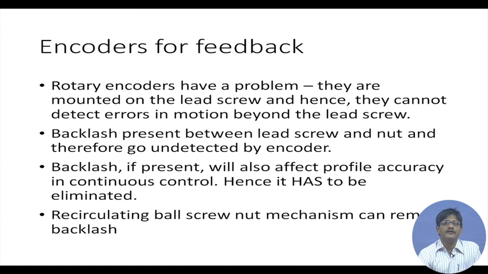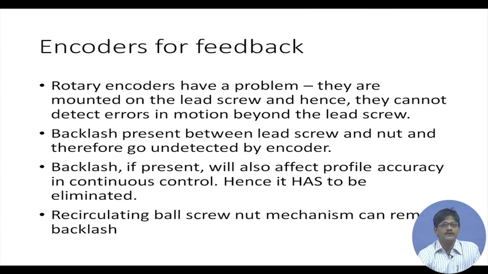If backlash is present, we may be able to avoid the problem of backlash interfering with the part geometry accuracy in point to point machining, but in continuous control we simply cannot do with backlash present in the machine feed screws. If there is backlash, the geometry of the part will get affected. So, it has to be eliminated.